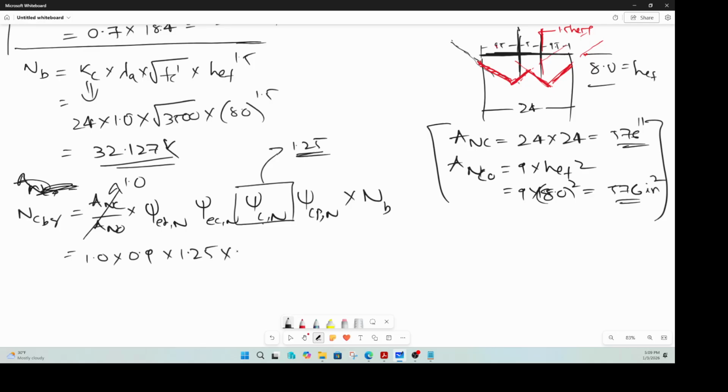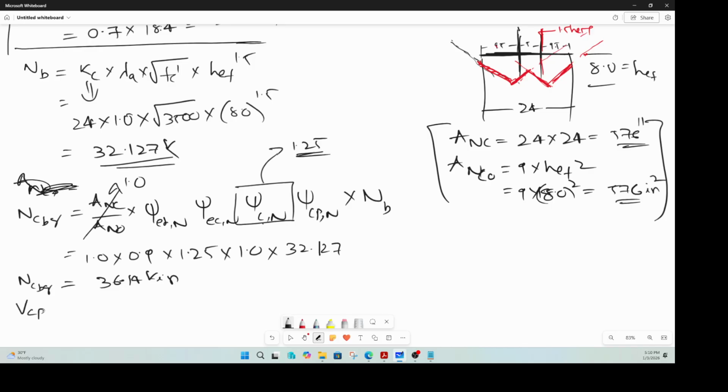You multiply that with your psi cp, no issue there. We're not post-installed, we're cast-in, right? Then the basic strength 32.127. So that results in 36.14 kips, right? This is your Ncbg, okay?